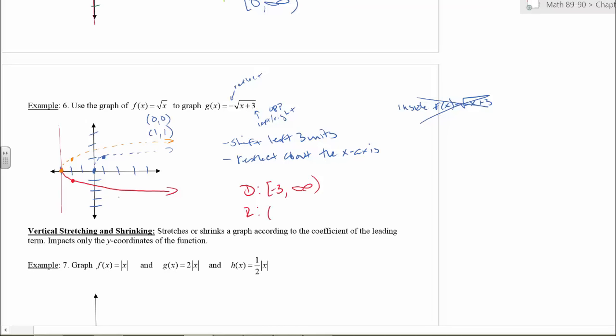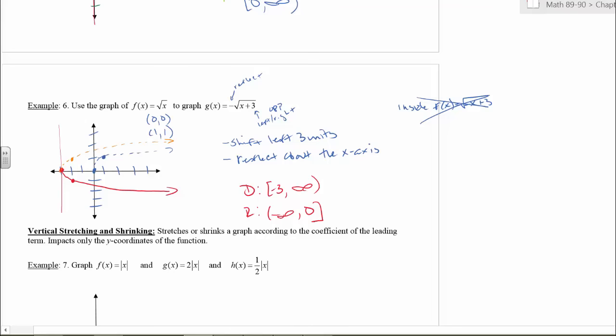Well, the bottom, this graph keeps going down forever, so it would be negative infinity up to the highest point, which would be 0 for the y-axis, meaning if I were on the y-axis and I look over, the largest y value is 0. So that would be your range.